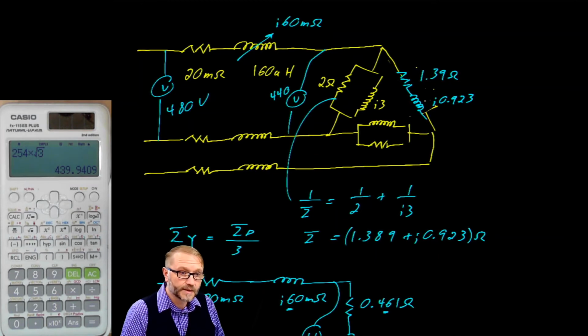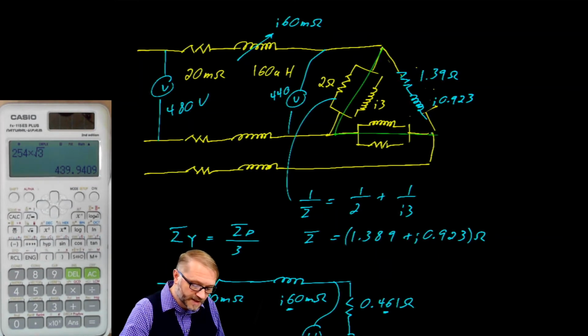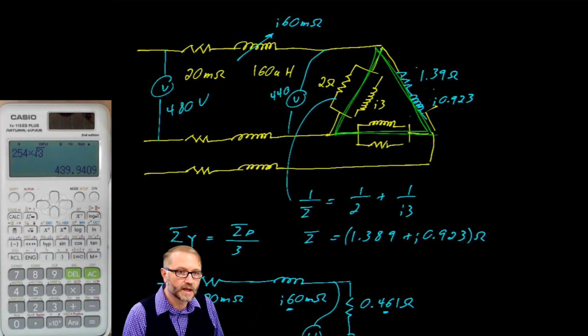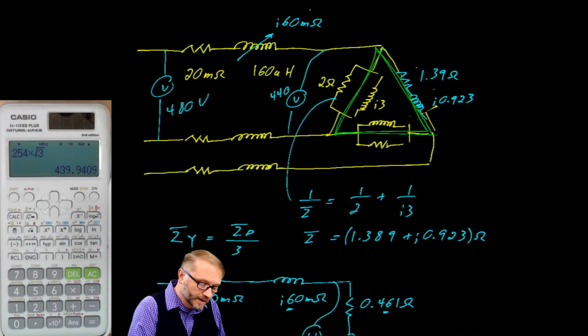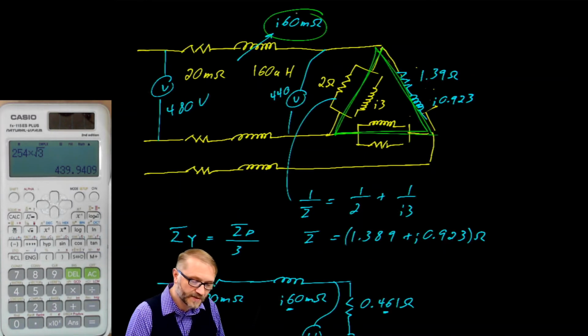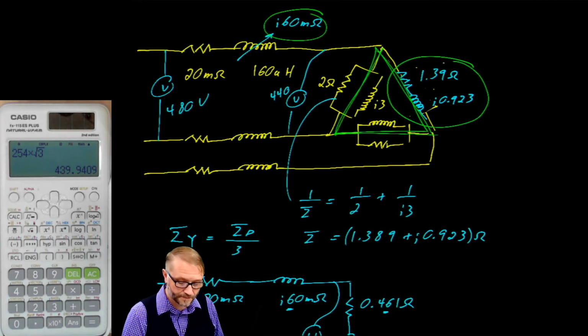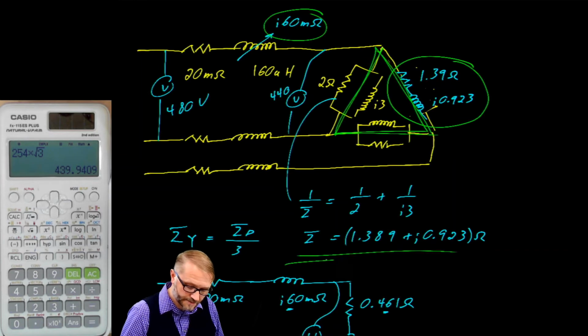As a recap, we were given a delta circuit and asked to calculate the voltage line to line as measured at the load. Our opening move was to convert everything into impedances. This particular problem was a bit tricky because you had a parallel component, and it works easier if you convert that into the equivalent series, which was done right here.